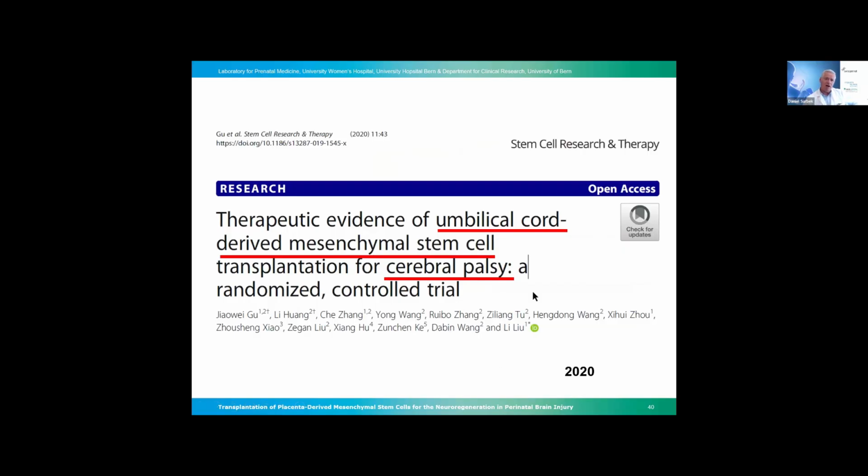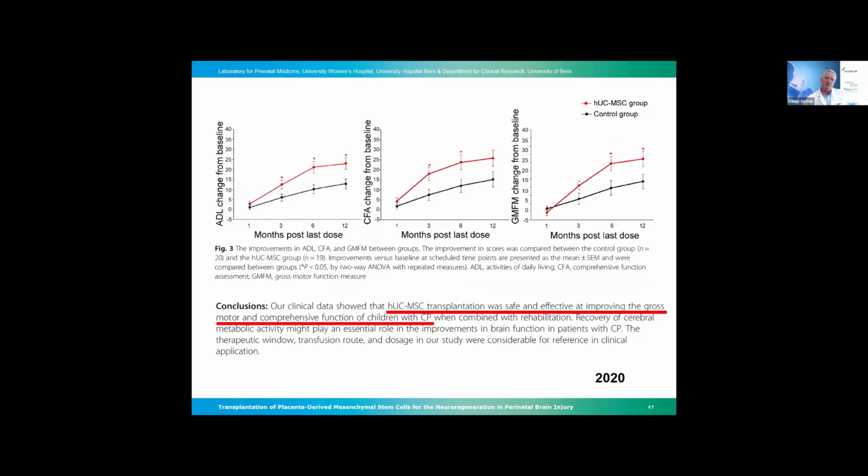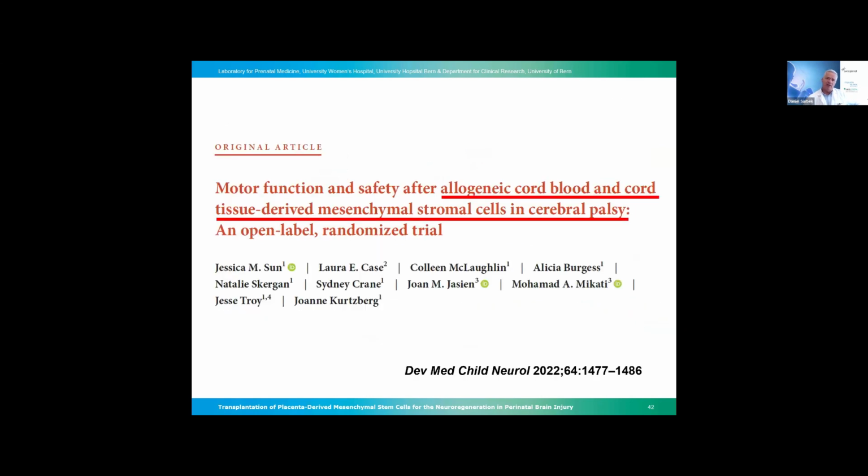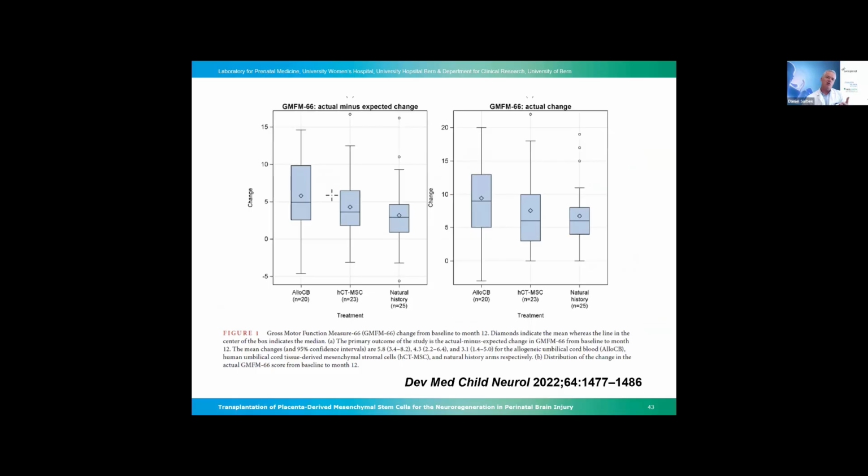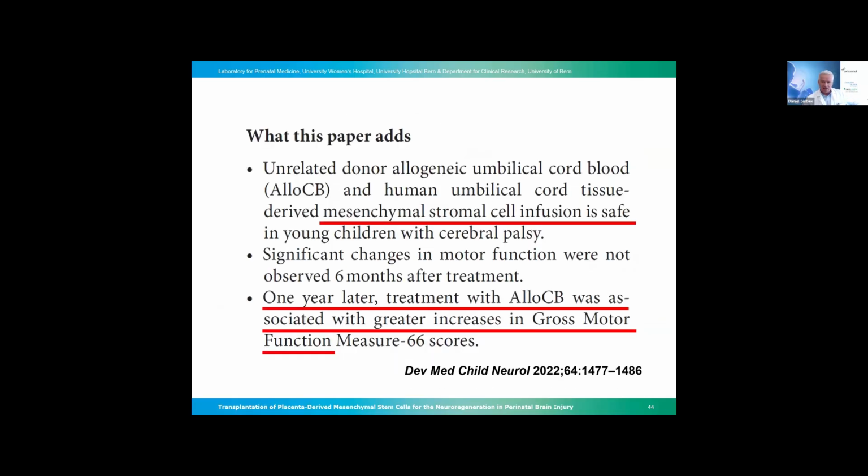This is another trial also now coming from Southeast Asia, using umbilical cord tissue mesenchymal stem cells. Now these are those cells we are focusing on. Again, they could show the effect, and then here again, it's a randomized controlled trial from the group of Joanne Kurtzberg using allogeneic cord blood and cord tissue mesenchymal stromal cells, again showing the clinical effect.